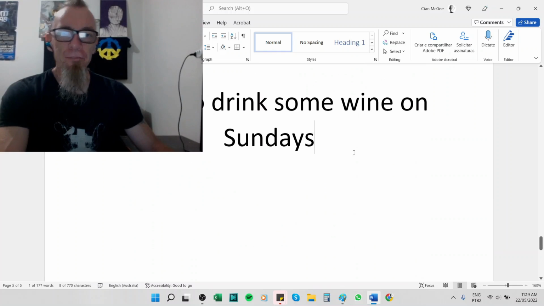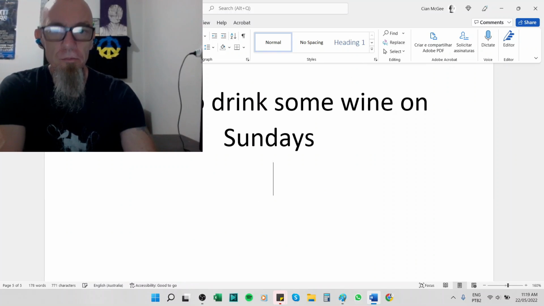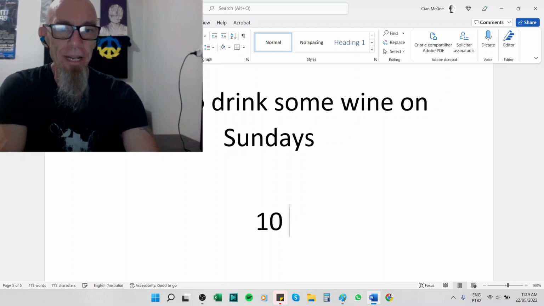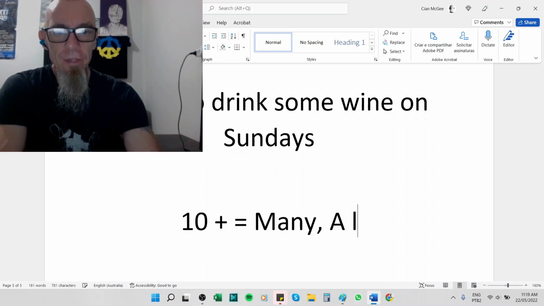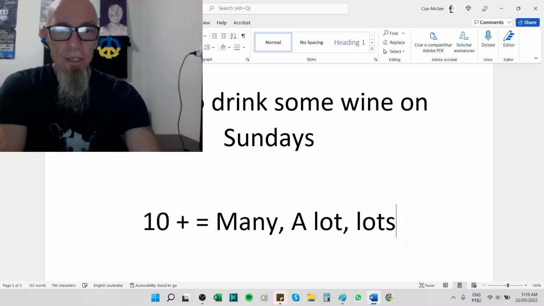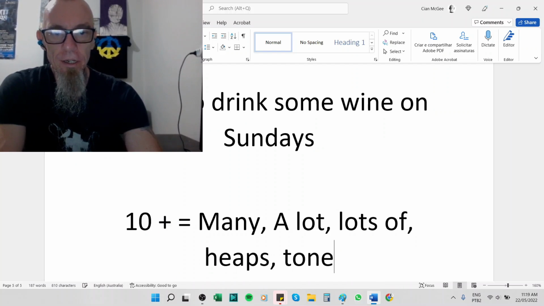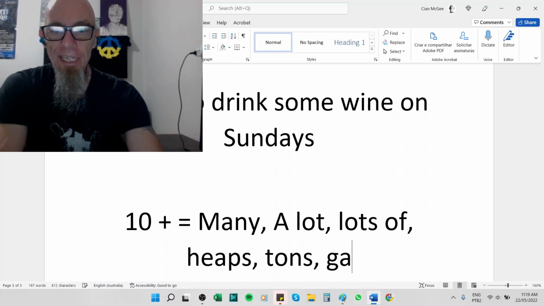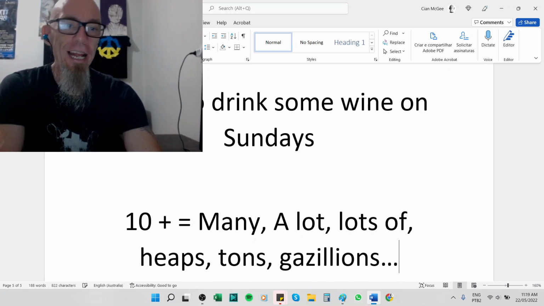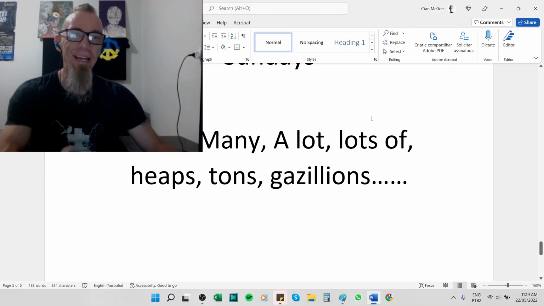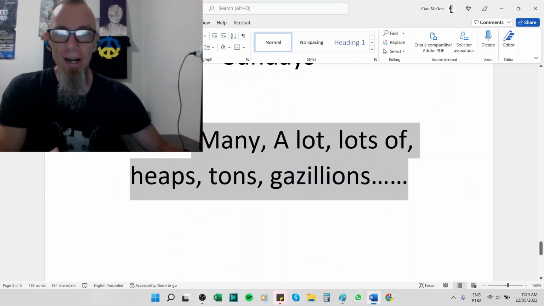And then when we get over 10, more or less, depending on the object, we'll look at, for example, many, a lot, lots of, heaps, tons, gazillions. And this is where English gets kind of creative.